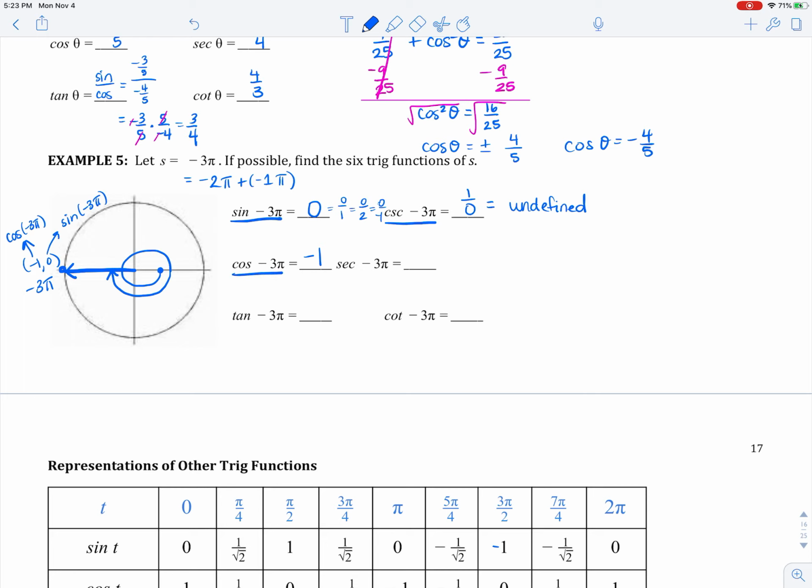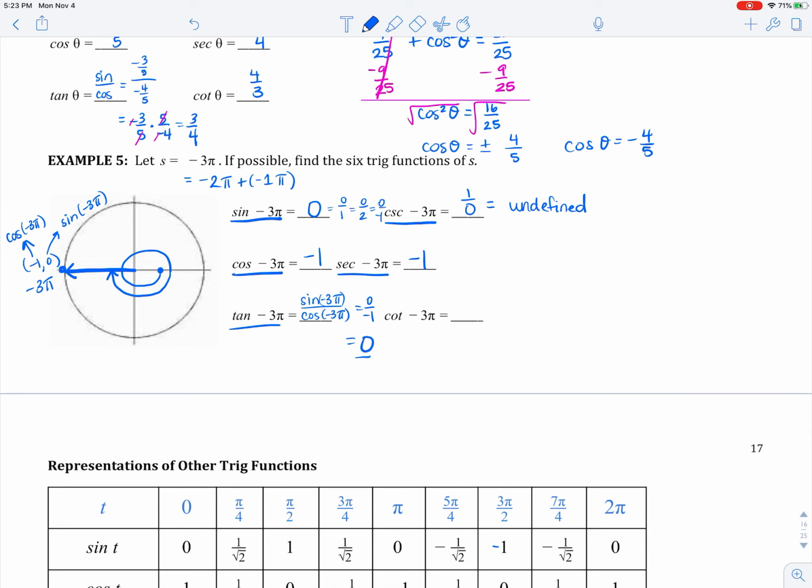Okay, so now we can find secant. The reciprocal of cosine is negative 1. Tangent is, again, sine over cosine. So sine of negative 3 pi over cosine of negative 3 pi, which is 0 over negative 1, which is 0.